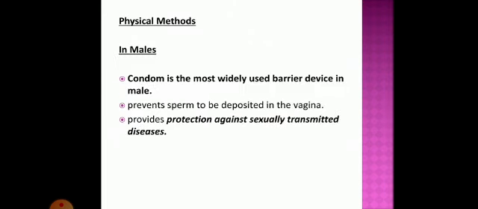Let's go to the second slide. In physical methods, you need to know the physical methods used in males and also in females. In males, the condom is the most widely used barrier device. It prevents sperm from being deposited in the vagina. The biggest advantage is that it provides protection against sexually transmitted diseases too.